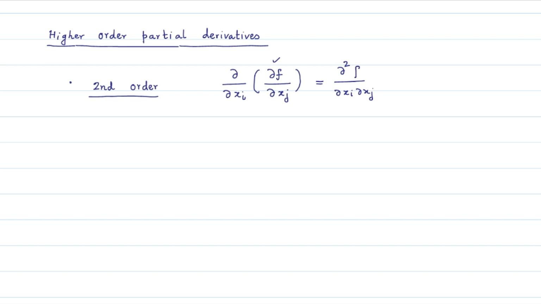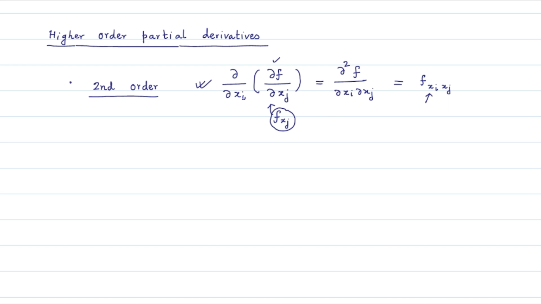A short notation of this partial derivative is f subscripted by xi xj, because the subscripted notation f_xj denotes the first partial derivative, and then we take the partial derivative of this function with respect to xi, so we use the subscripted denotation f_xi xj to denote this second order partial derivative.